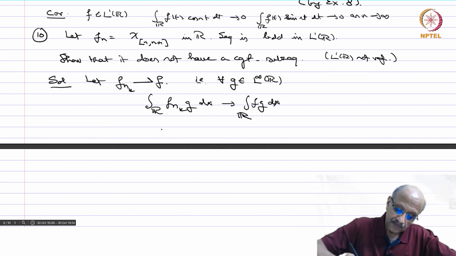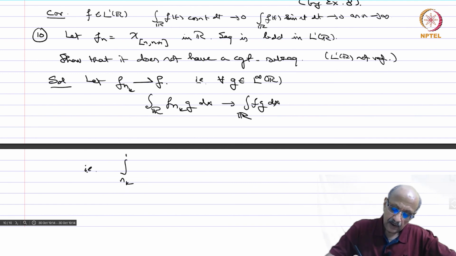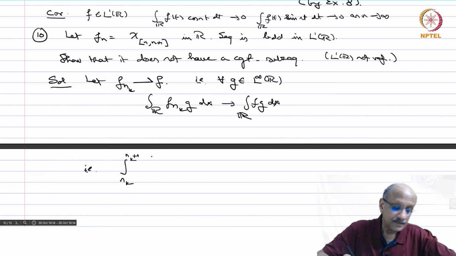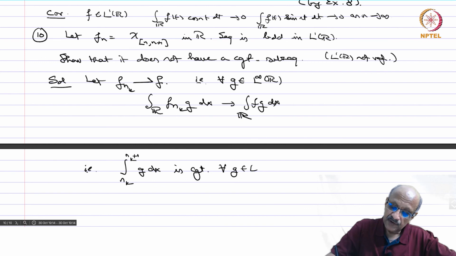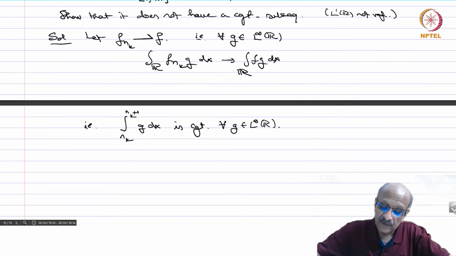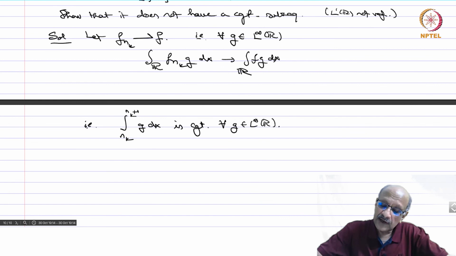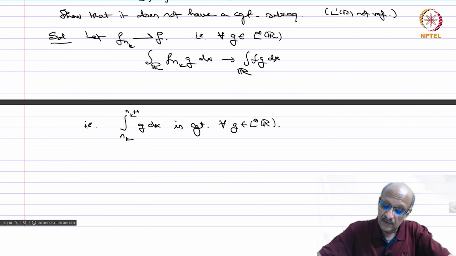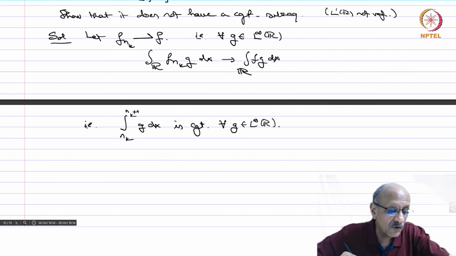That is, the integral from n_k to n_k + 1 of g dx is convergent for every g in L infinity of R, and that's not possible. You can take arbitrary L infinity functions, which can be arbitrarily defined. With a similar argument we showed for little l infinity that the sequence does not have a convergent subsequence. We have seen such an argument before, so it's the same argument.